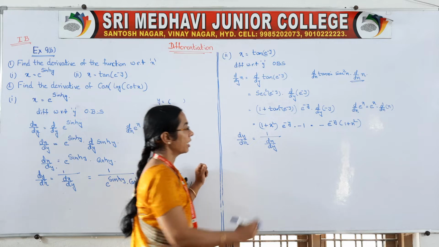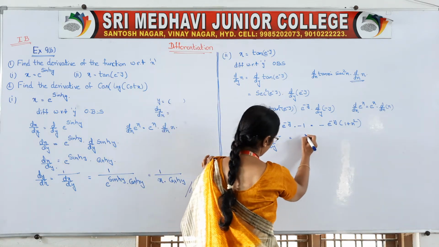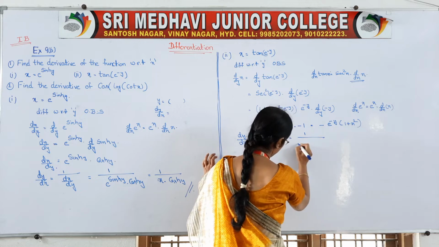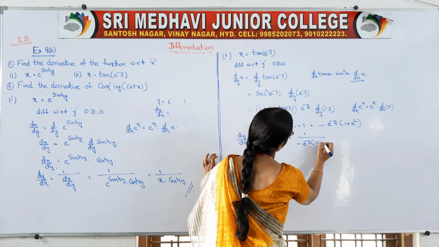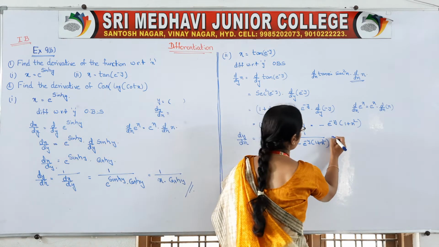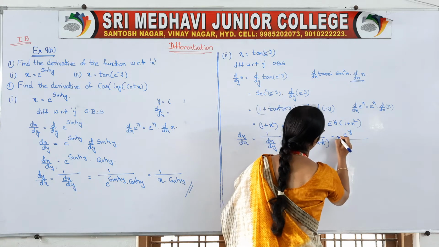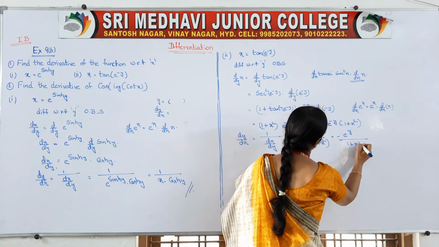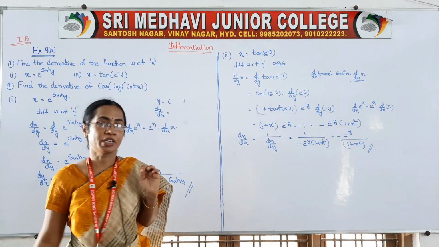That's why we can write that as 1 by dx by dy. So we can write that as 1 by minus e to the power of minus y into 1 plus x square. So we can write this as e to the power of y, minus 1 plus x square. That is the answer to your question.